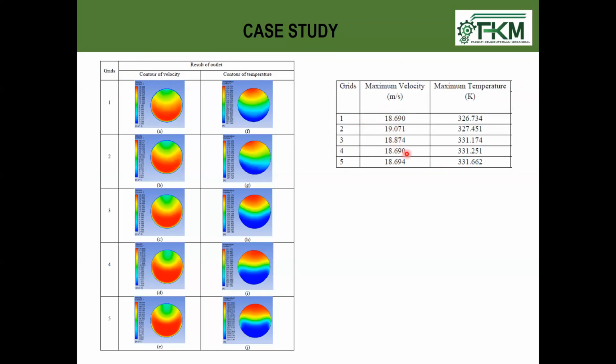Temperature is the same, we list it down. If we are more interested in the maximum temperature, we can select grid number 3, because the difference is not much if you use grid number 4 or number 5. If we choose grid number 2, the difference is around 4 Kelvin. If you choose number 3, the difference with number 4 is less than 1 Kelvin. So better you take number 3.